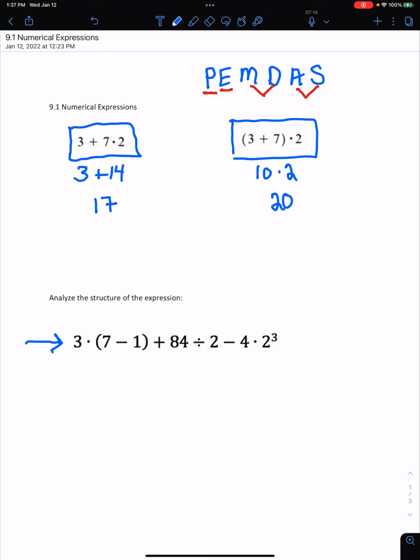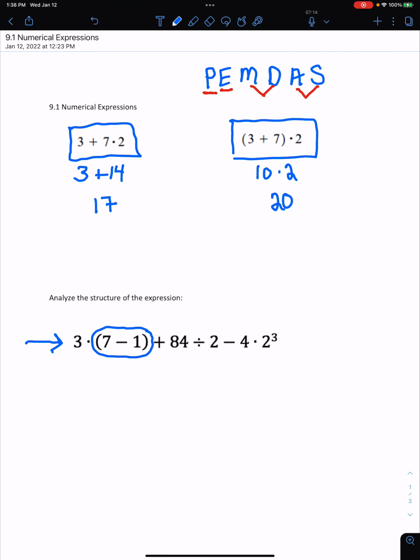So let's go back up to our little mnemonic device and we start with parentheses. So I do see some parentheses. So that's going to be the first thing that I take care of in this order of operations.